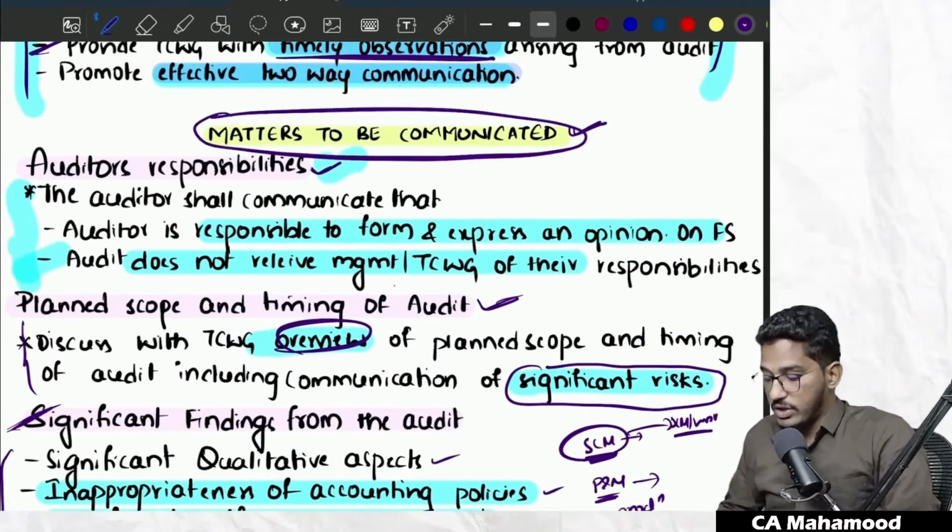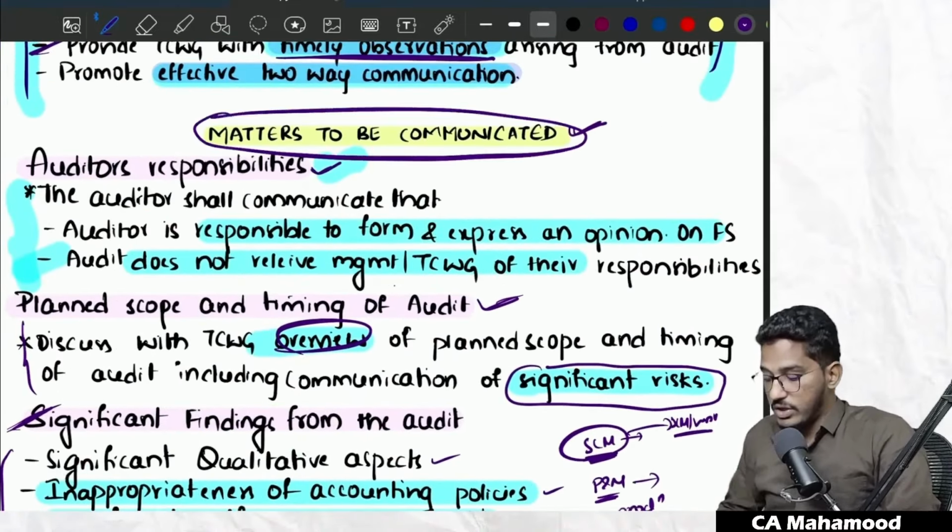In addition, you should also communicate any relationships that might affect independence. Specifically, you have to communicate what audit services you are providing, either yourself, your firm, or the network firm. If any non-audit services like management consultancy are being provided by yourself or your network firms, you have to communicate what non-audit services you are providing. Along with that, you should also communicate what fees you are charging for audit assignments and what fees you are charging for non-audit services. These things are specifically required to be communicated in case of listed entities.